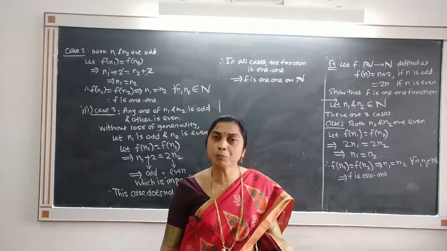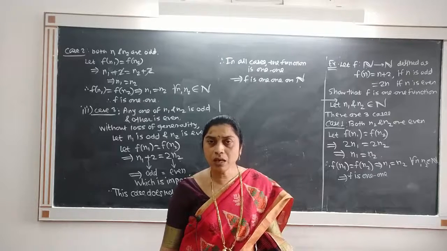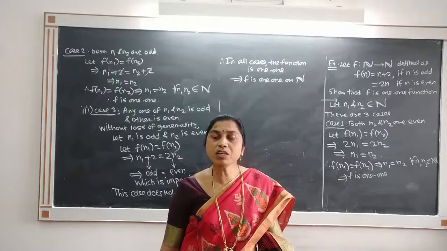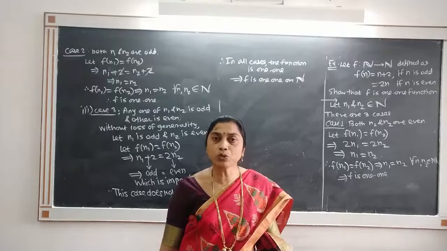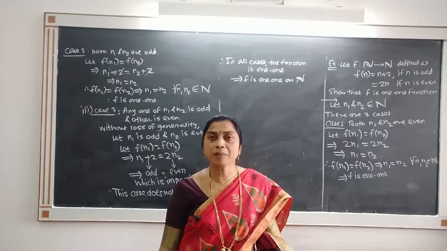And according to the proposition, start with two elements x1 and x2 in the domain, start with f(x1) = f(x2) and prove that x1 is also equal to x2. This implies that the function is 1-1.